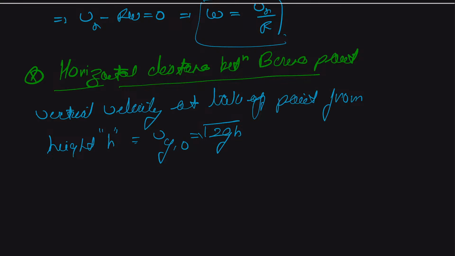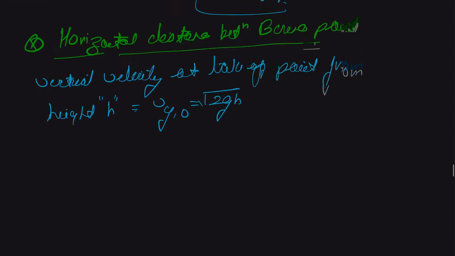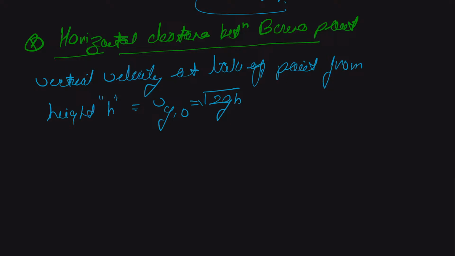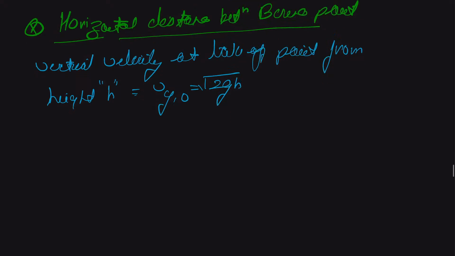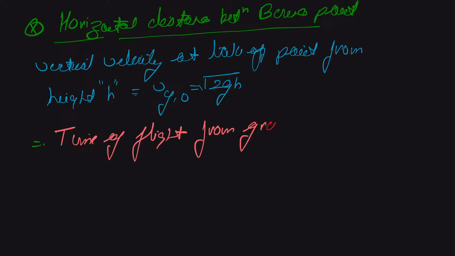And we can find out the time of flight from our ground to the peak as well as back. So we can say the time of flight from ground to peak and back, let us call this t.